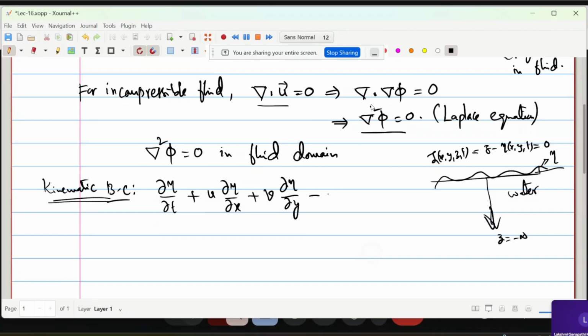So that is why you get w equal to 0. This is your kinematic condition at the surface.